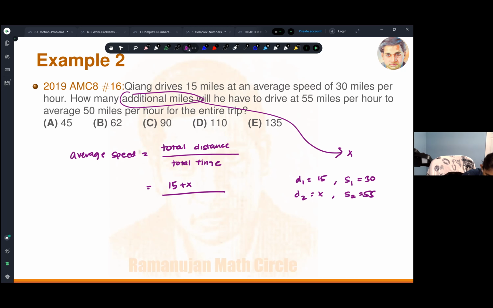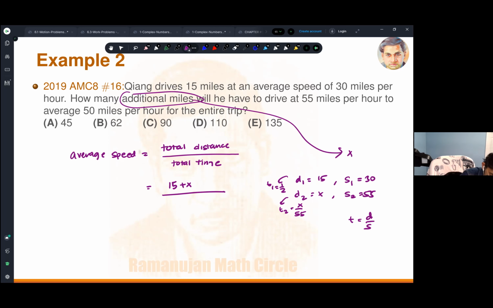So in this case, your t1 is equal to half, and your t2 is equal to x over 55, because time is equal to distance over speed.